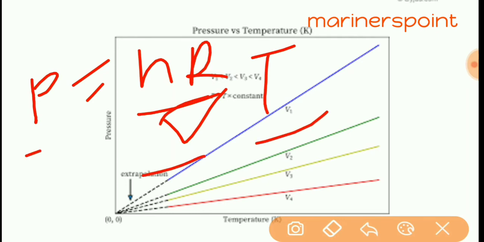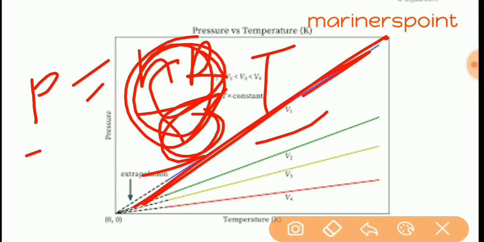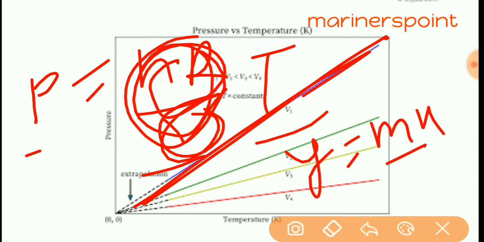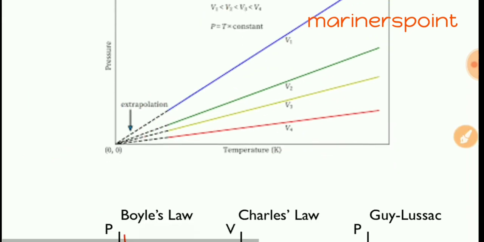If volume is more, then this will be less. Same as the previous one. If V is less, then the overall value we get is more, then our graph is like this. Because we know that y = mx, if m is more, then the graph will be more, the slope will be more. So if nR/V is less, then the overall value will be more, so the graph will be above. Okay.